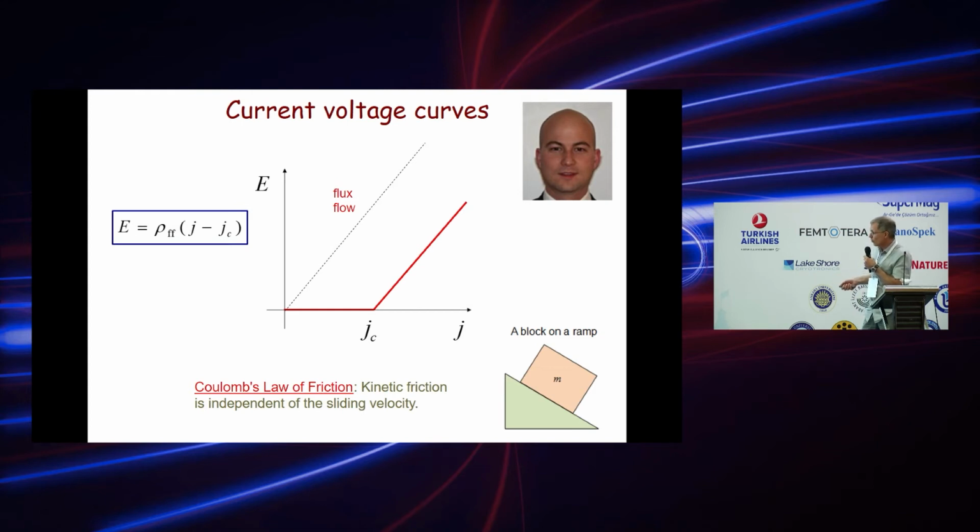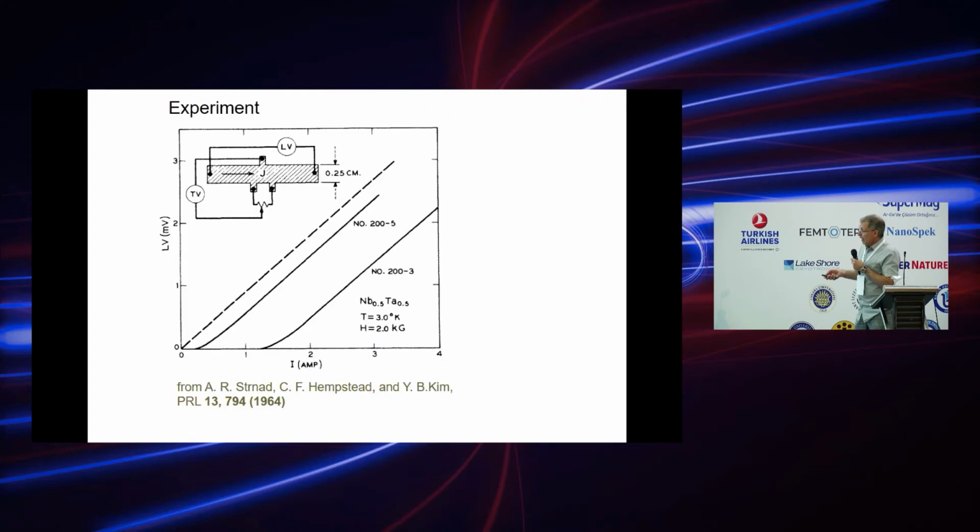So that's what we learn at school, and actually never think about why it's the case. So in our situation, we can derive this Coulomb law, and we can look at experiments, and this is old classic textbook data by Kim and co-authors.